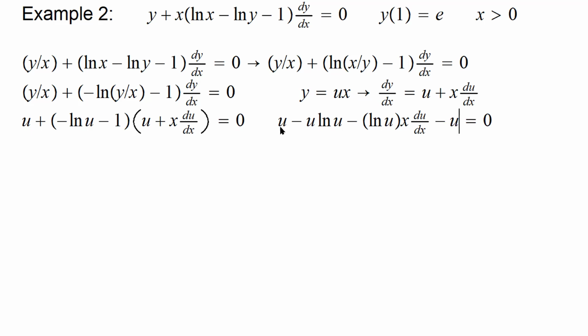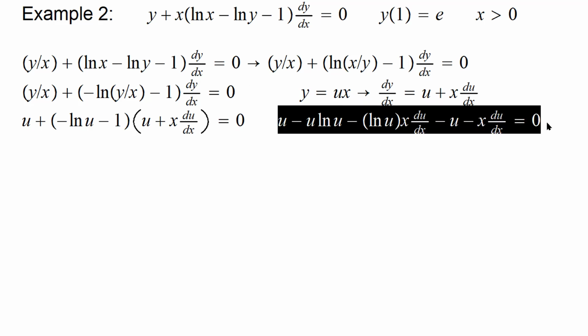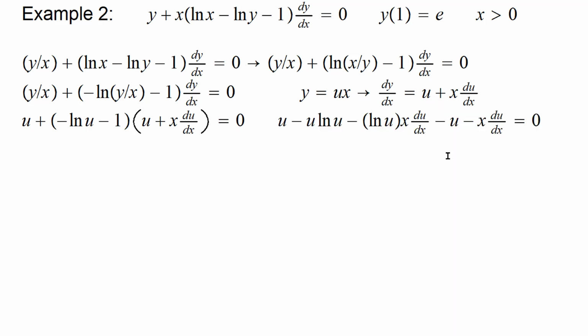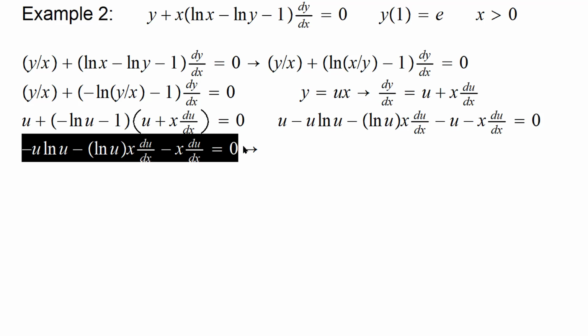Well, we had one nice thing. These u's will cancel. Minus x du dx, right? So we got all that. So let's just go ahead and carry our cancellation out. That is, this u is cancelled by this negative u, and if we look at the whole thing now, then what we have is, okay, yeah, looks like it might simplify.